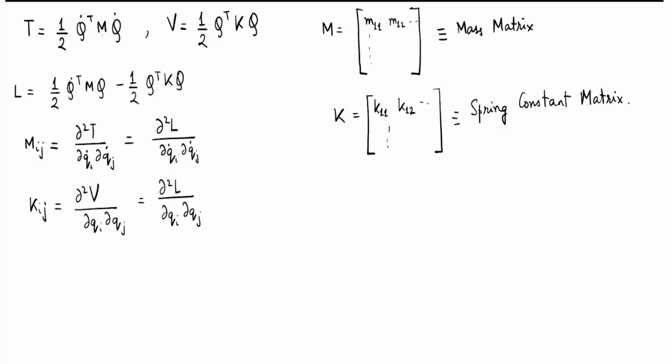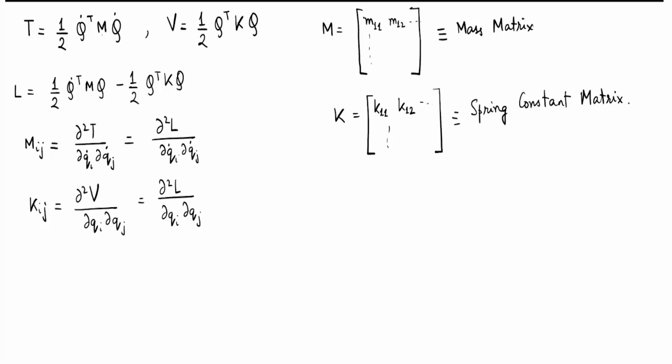So if you want to find the normal modes, you have to find the eigenfrequencies. The eigenfrequencies are those frequencies which satisfy Kij equal to omega square Mij.